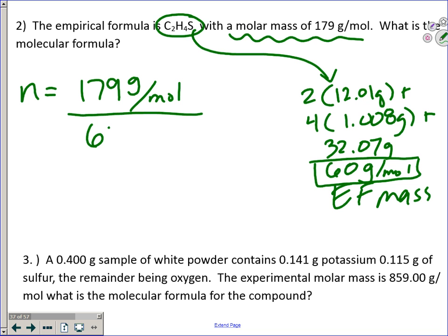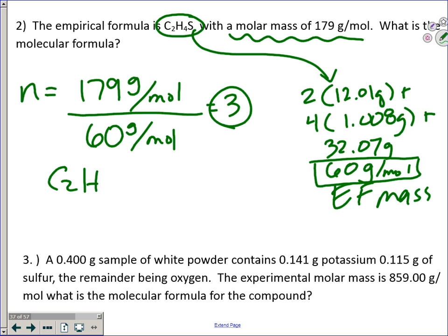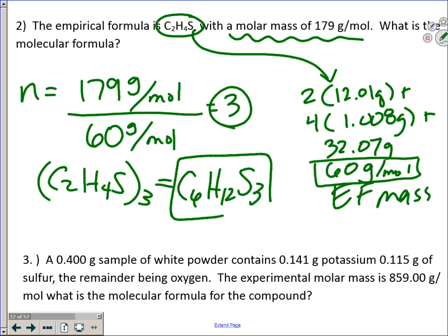Put it down here. I think you guys can do that in your head. What's about 180 divided by 60? 3. Or 2.9 and some change, but yet again we would round that to 3. So this is our multiplier. So what do I do with my multiplier? Distribute. Good. So H4S, put it back here. And then what's my new formula? C6H12S3. And this is our molecular formula.